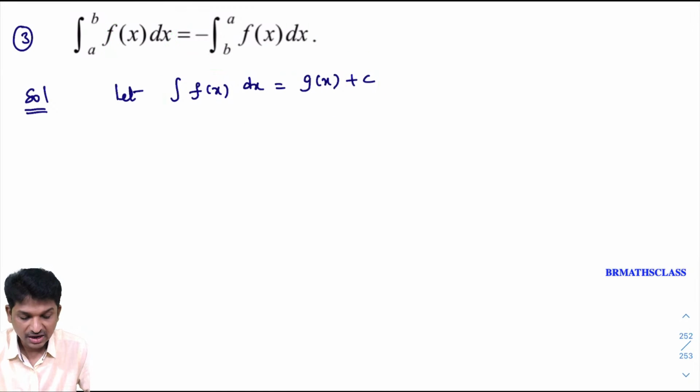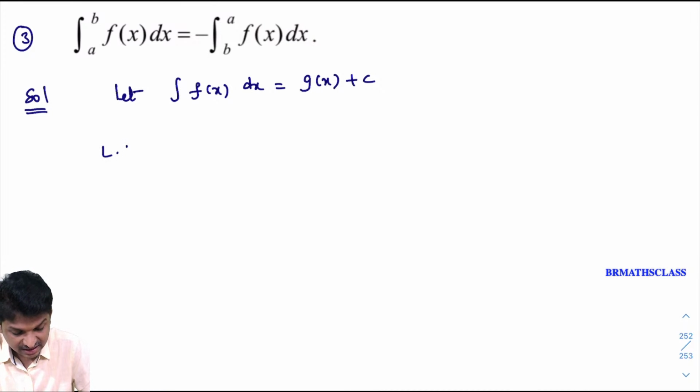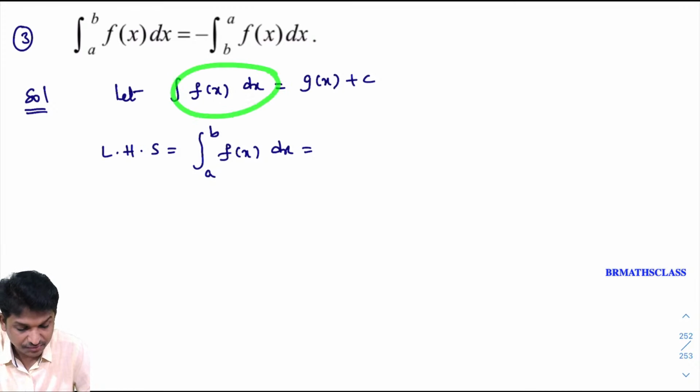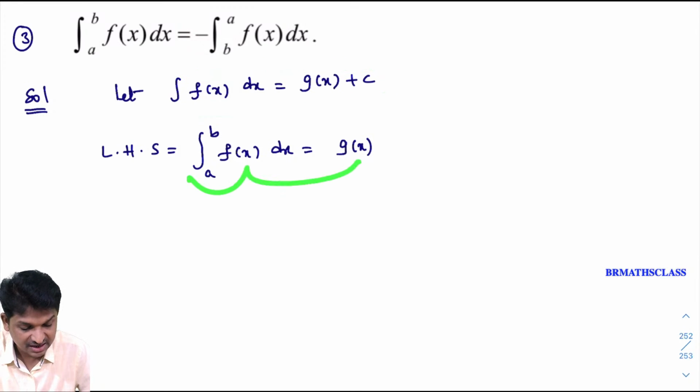Now what I'll do, I'll calculate LHS and I'll see what I'll get. What is LHS? LHS is integral of a to b f of x dx. That equal to, as I taken integral of f of x dx is g of x plus c, in definite integration we will write it as g of x and then I'll apply the limits.